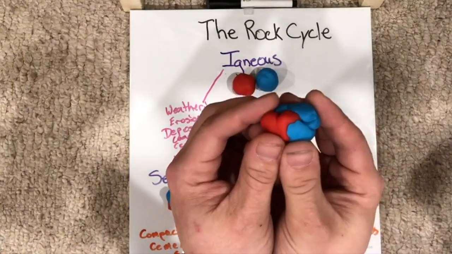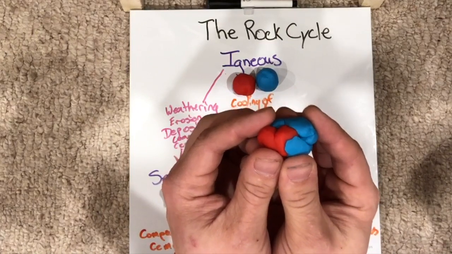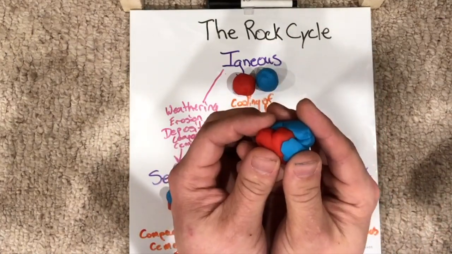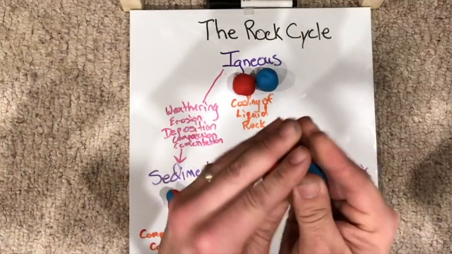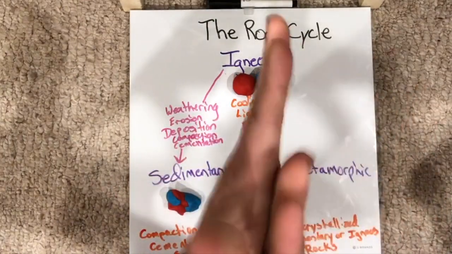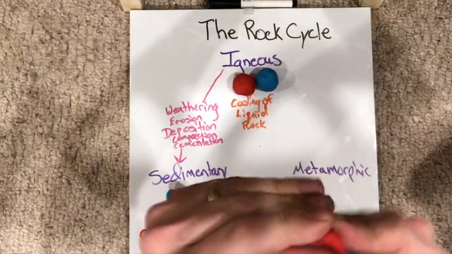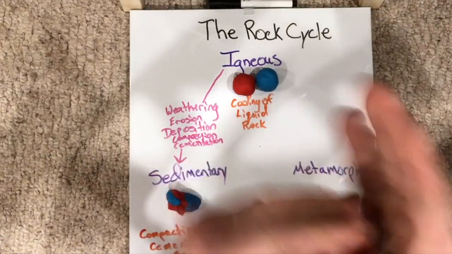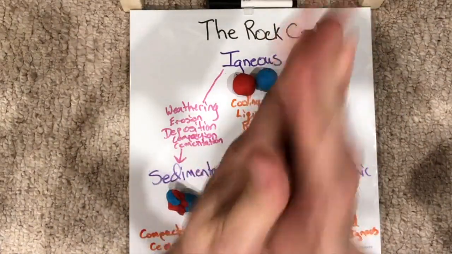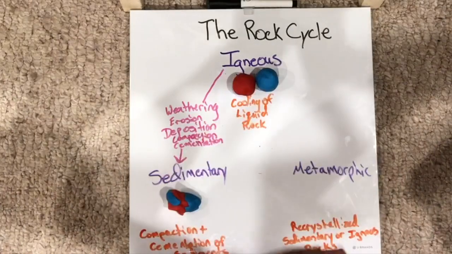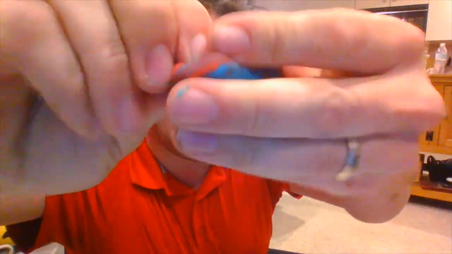So, whether you want to look at it as regional metamorphism or contact metamorphism, doesn't matter. Now, let's morph. We're twisting it, we're rolling it, mat it, pat it, roll it, twist it, squish it, mold it, pull it, push it together, wheel it all around, add that heat, add that pressure.